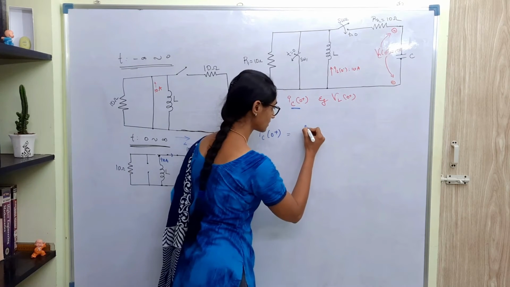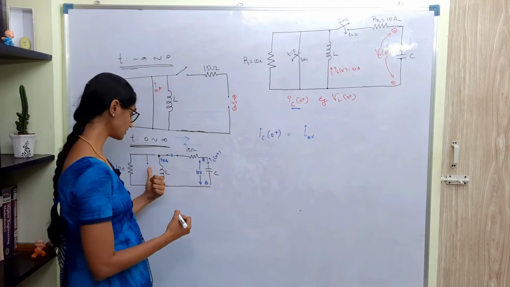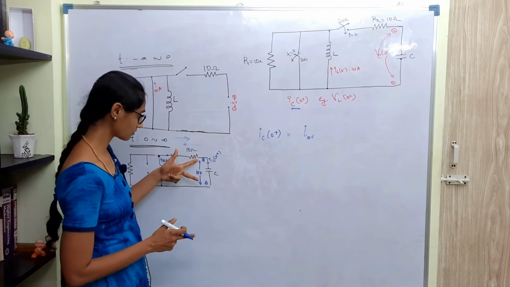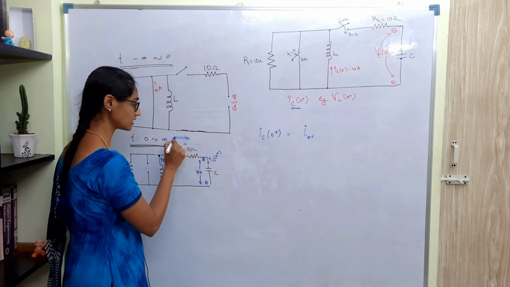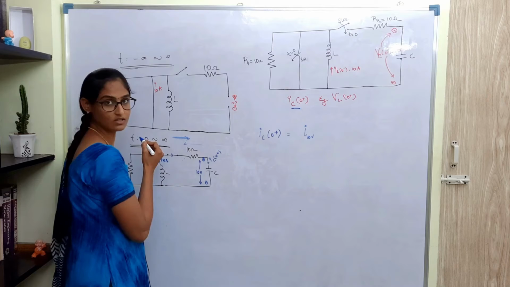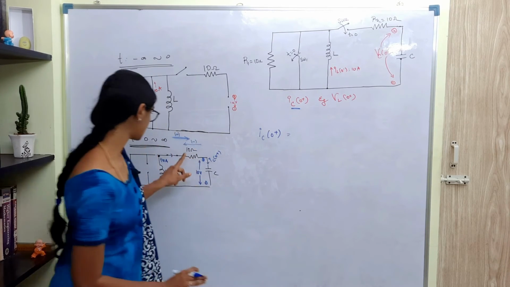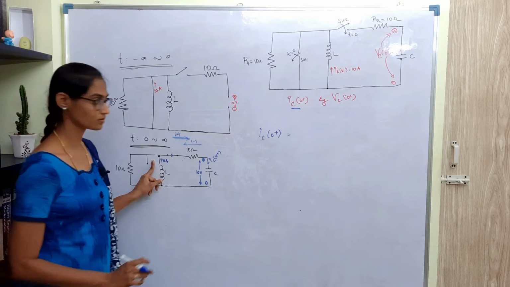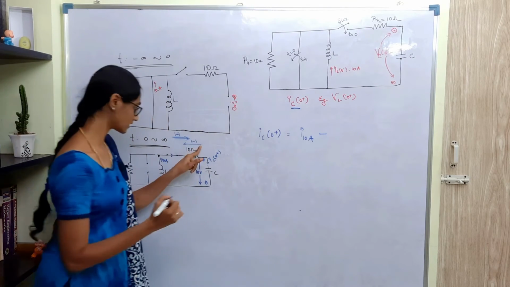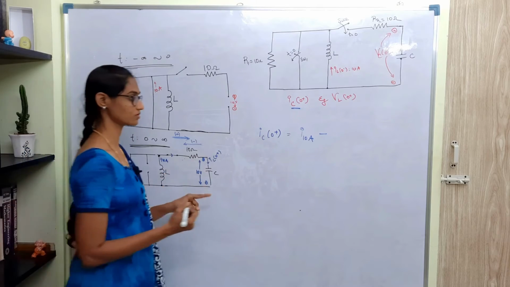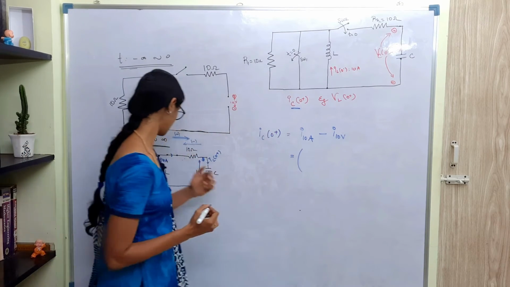This is the current contributed by 10 volt minus 10 ampere, because this is how we are measuring the current. So the sign of this current will be plus and the sign of the other current will be minus. So this current will be the current contributed by the 10 volt source minus the current of 10 ampere. What is this current?